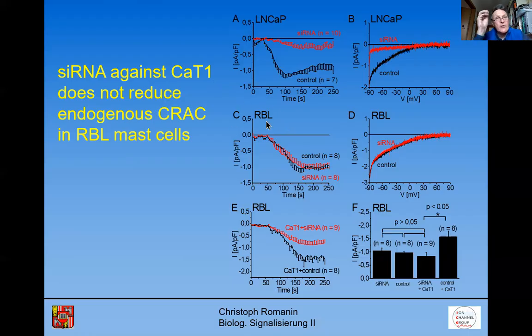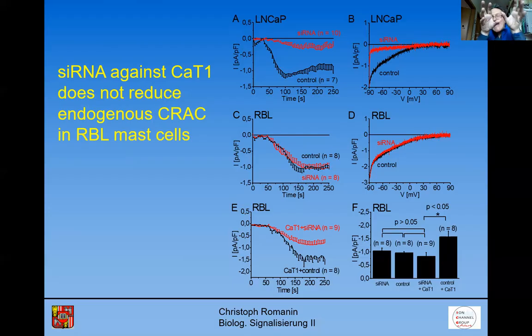And that was one of the most crucial experiments in this whole study. You can see here, black is the endogenous current. When these cells are treated against CAT1 with this specific siRNA, and we can say this RNA is of course much more specific than the amino terminus of TRPV6, which had been used before, you can see there is really no change in the CRAC current activation.